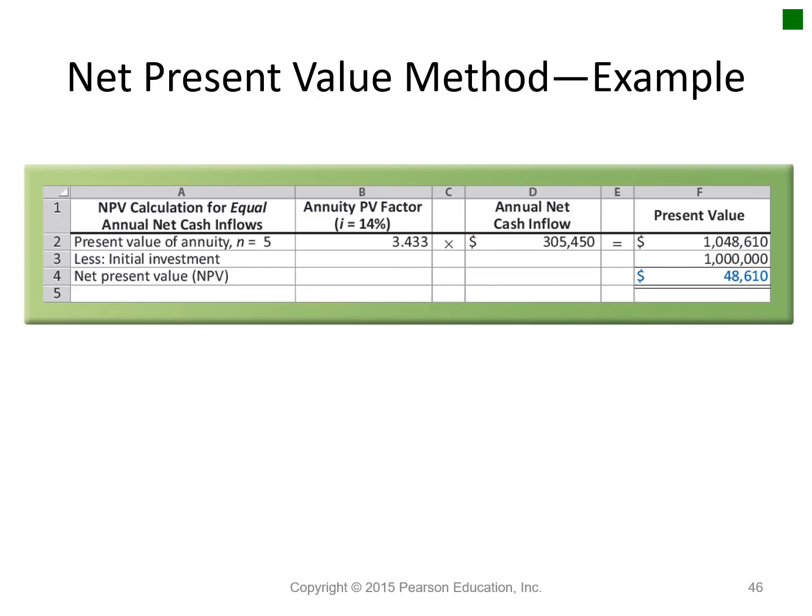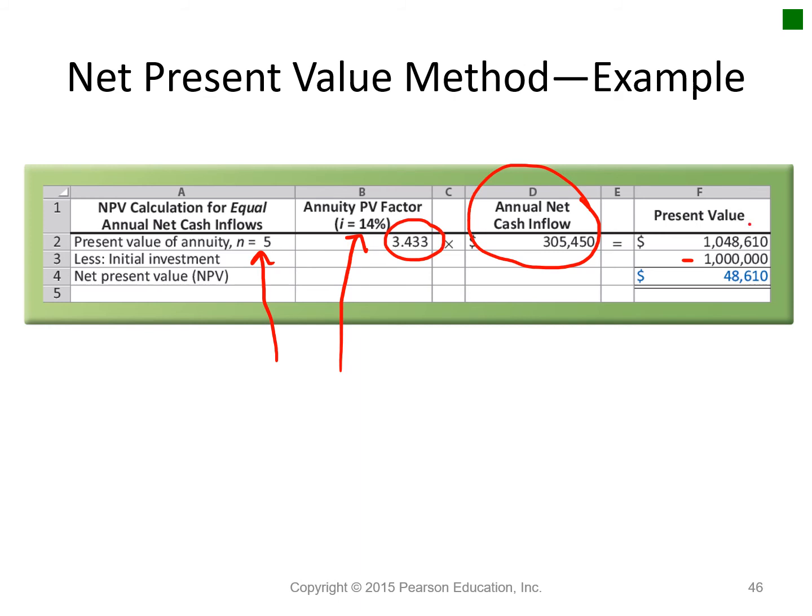So if you look at this particular illustration, let's say the initial investment is $1 million. Basically I'm going to put a negative in front of that because that represents a cash outflow. Assuming that you have an annuity of inflows, so if they tell you in the problem you've got cash inflows coming in annually at this amount, in this case for 5 years using an interest rate of 14%, you can convert these future cash inflows into a present value inflow by using this table factor.